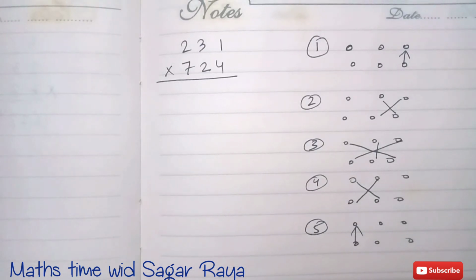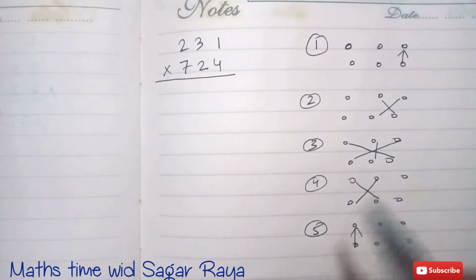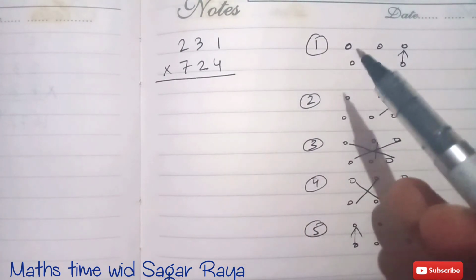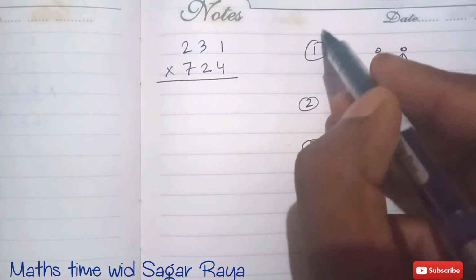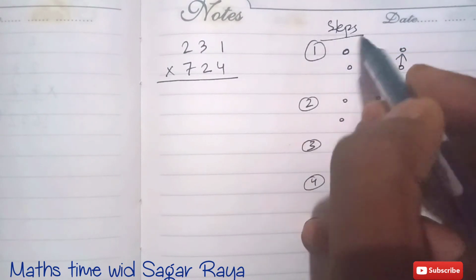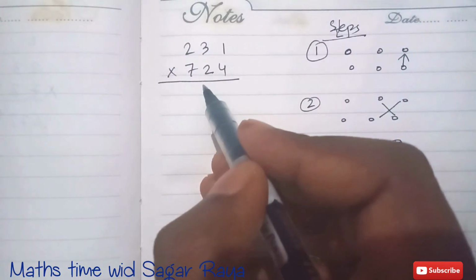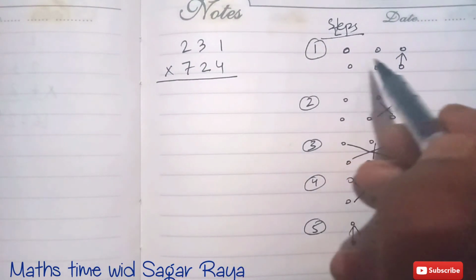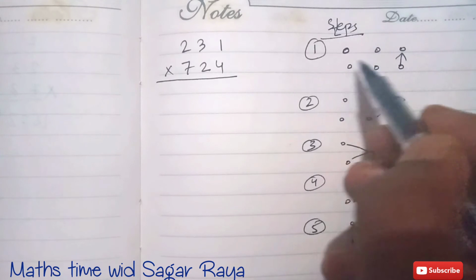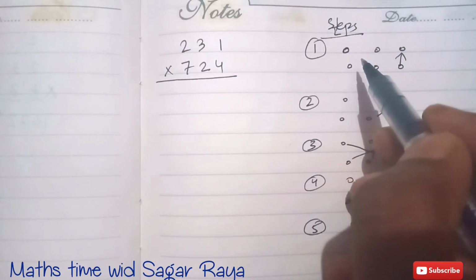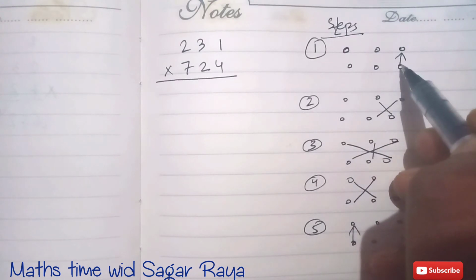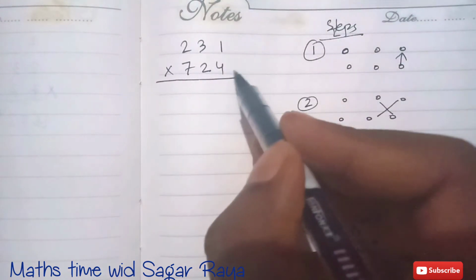So let's do multiplication of 3-digit numbers. I have already written a 3-digit number multiplication, and I have written some steps which help us multiply in a very short period of time. I have used zeros, or you can say dots. In the first step we will multiply 4 and 1.